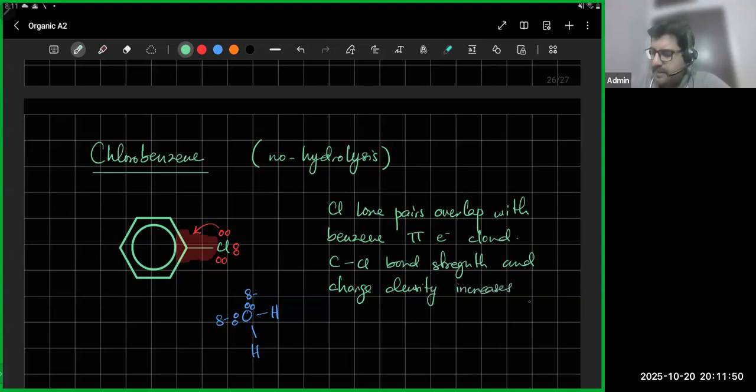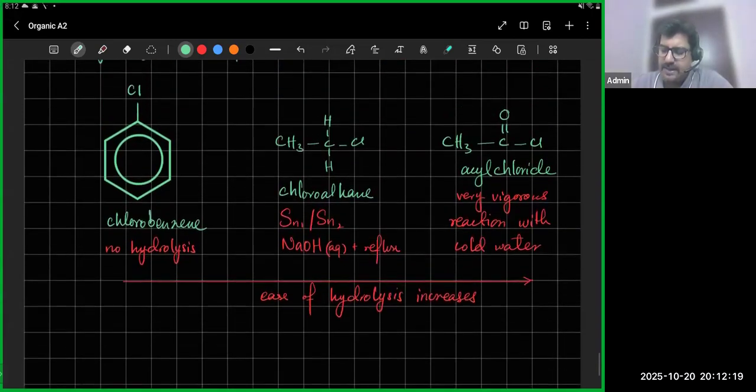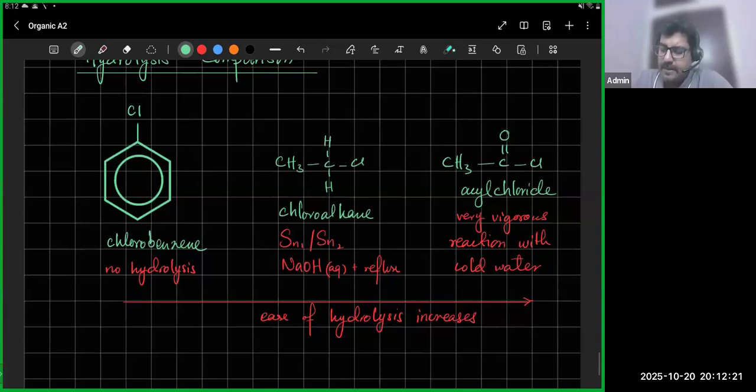So water is not going to be attracted to it, and it repels nucleophiles. It's very hard to break the C-Cl bond because there's a lot of electrons. It's like a double bond now. So it repels nucleophiles, which in this case is your water molecule. That's chlorobenzene done. No hydrolysis whatsoever.